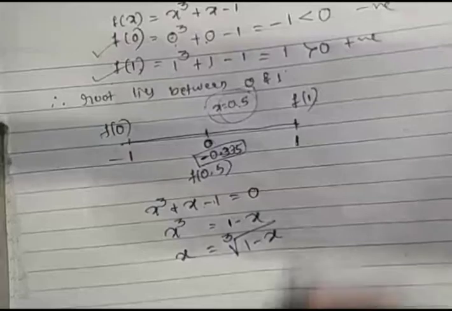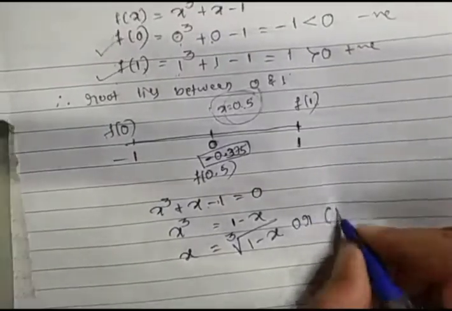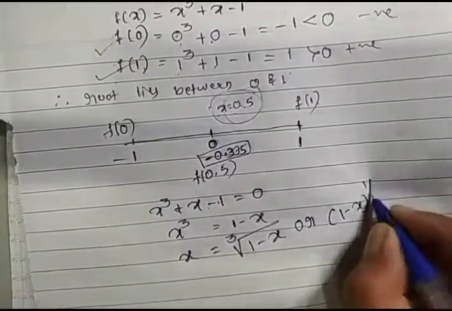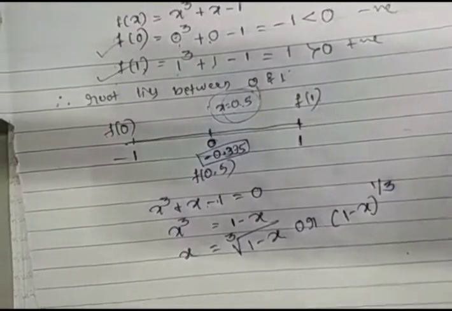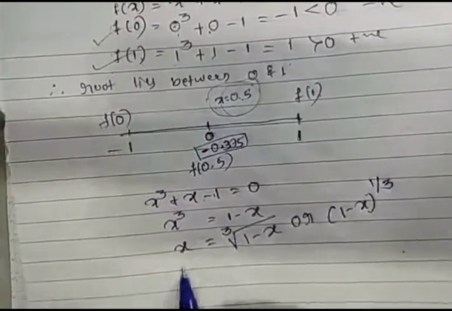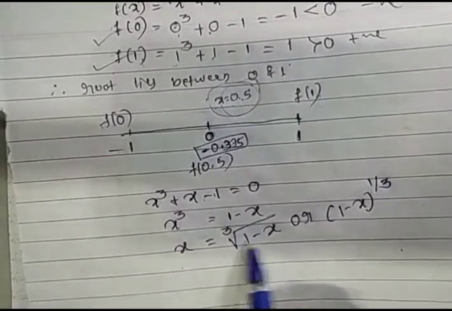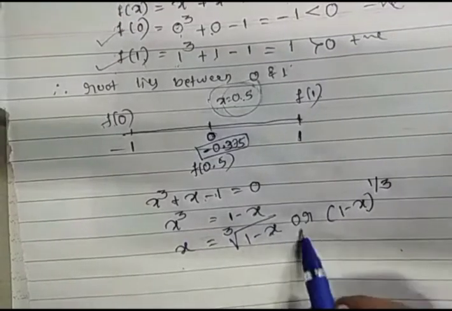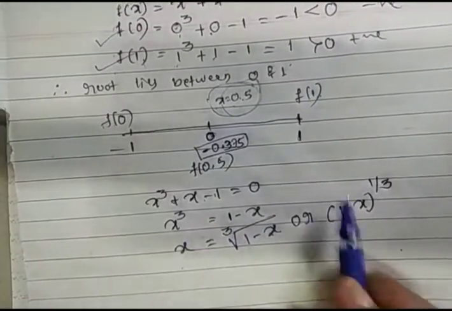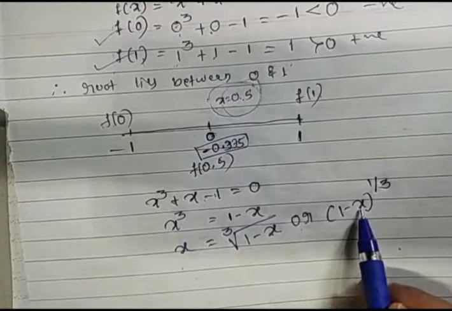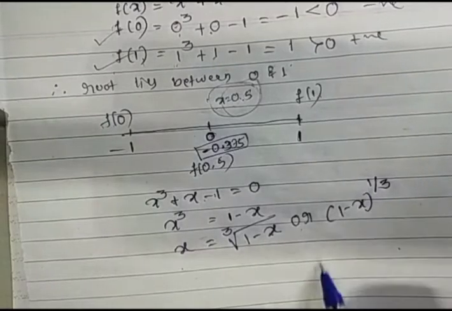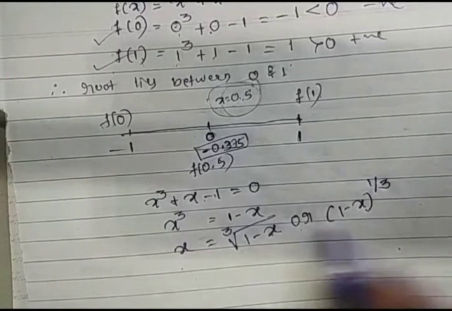You can write it like this, or 1 minus x raised to 1 divided by 3. Both are the same.